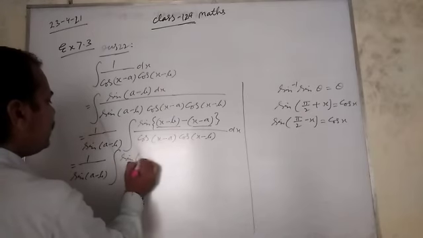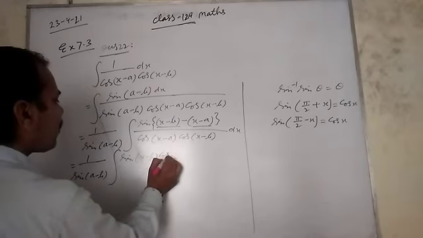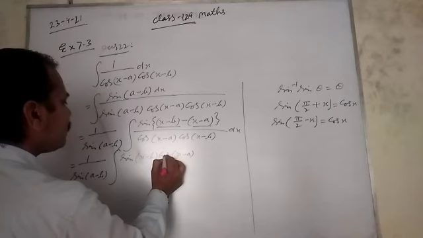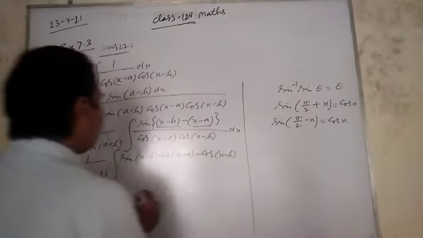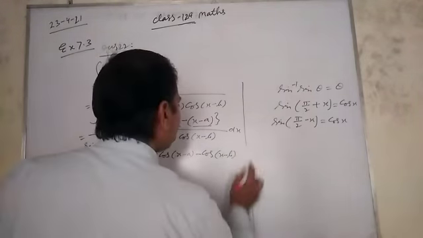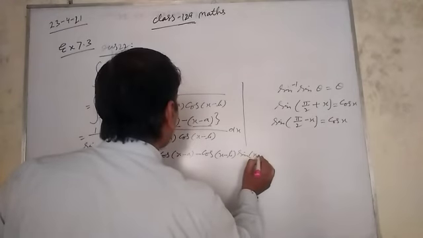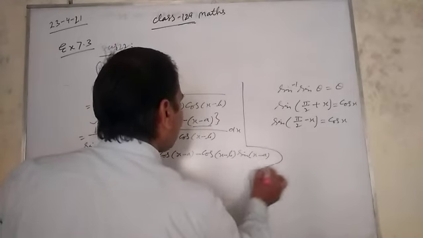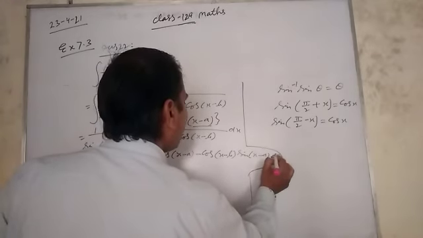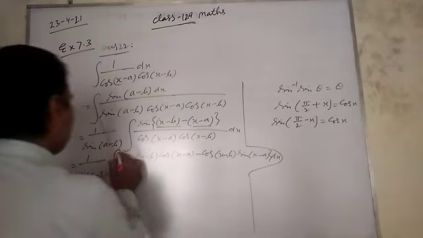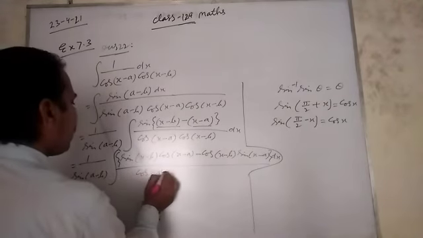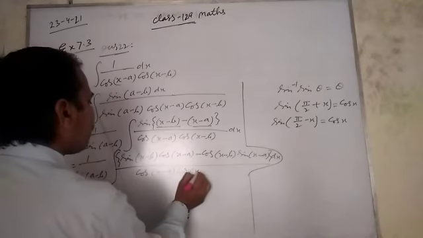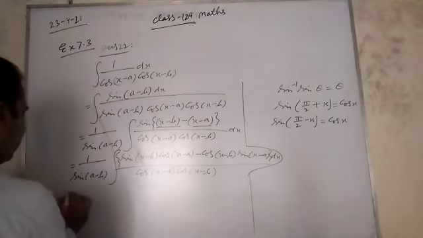Sin p cos q minus cos p sin q, dx upon cos(x minus a) cos(x minus b).